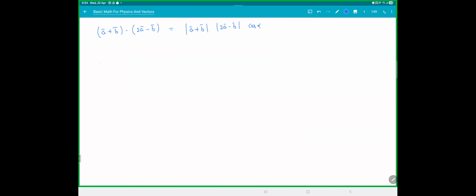On the LHS, that would be 2A dot A minus A dot B, plus 2B dot A minus B dot B. What is mod A plus B? Root over A square plus B square plus 2AB cos theta. What is mod 2A minus B? Root over 4A square plus B square plus 2 into 2A into minus B cos theta. So wherever there is B, replace it with minus B.